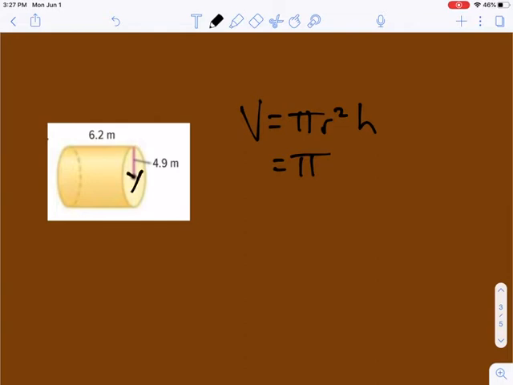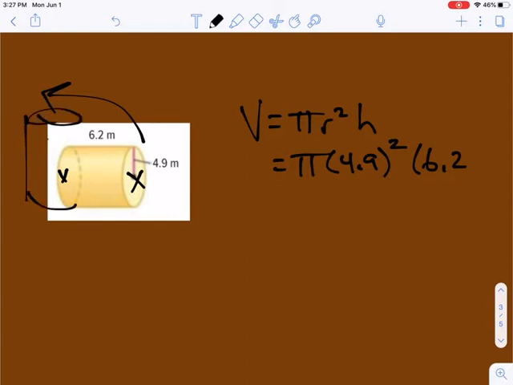The bases are on the side in this one right here. So our r is going to actually be 4.9 because they gave us radius this time, not diameter. And then my height is that 6.2, because if I turned it up and stood it up, this would be the height going this way. If we turn it around, it would be 6.2.